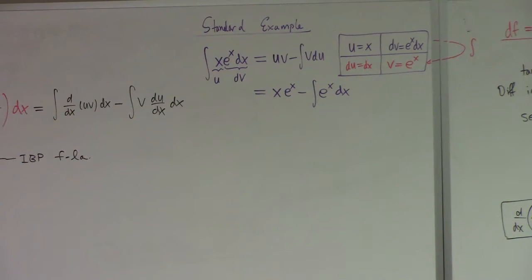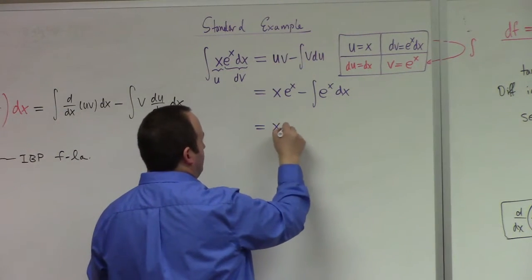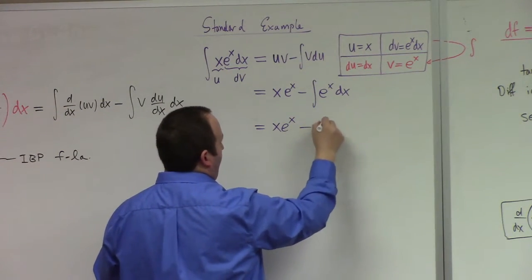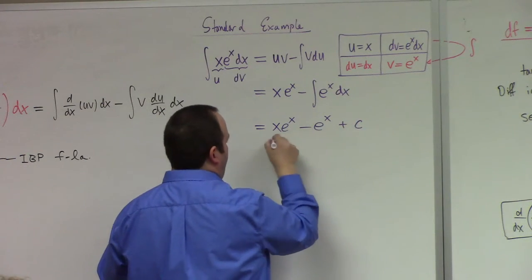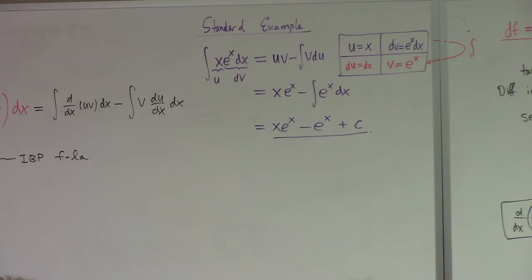We know how to integrate e to the x, right? So what do we got? Bam. By the way, you could try to do this integral with u substitution all day long, but short of some kind of very sneaky substitution, it ain't going to happen.